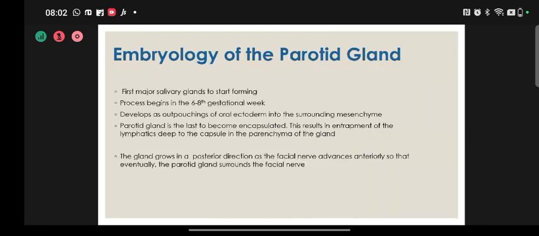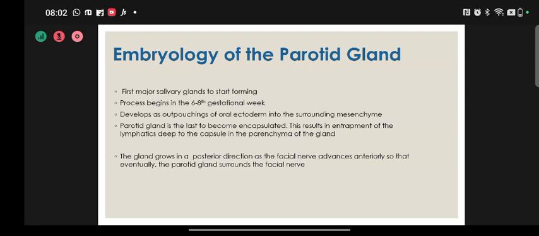Now, there are some specificities when it comes to the embryological development of the gland. There are some unique features to the parotid gland. The first is that it is the first gland which starts to form out of all the three major salivary glands. This process usually begins in the 6th to 8th gestational week.